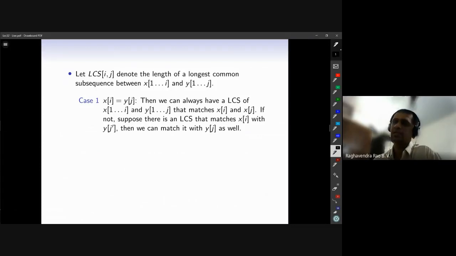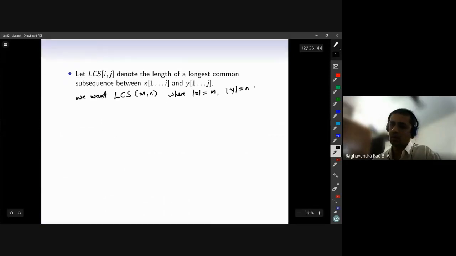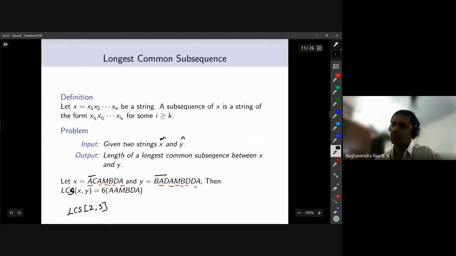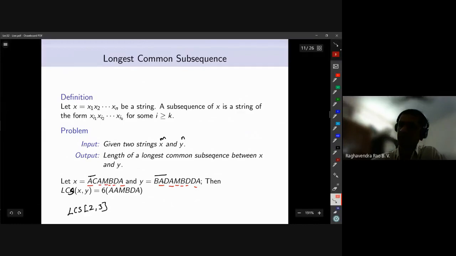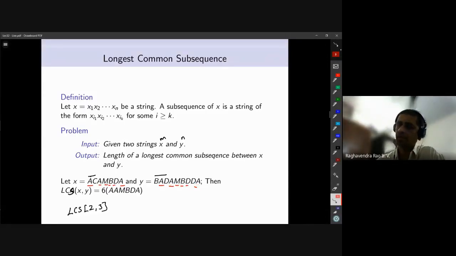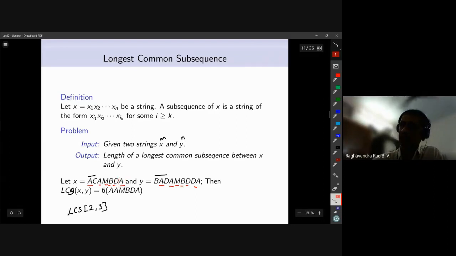The first case is that the last characters are equal. Let's look at this. If I take i as 7 and j as 9, these are the last characters.